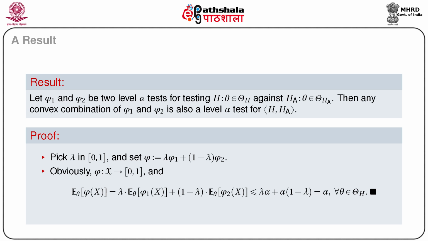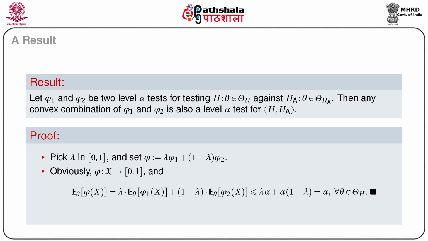Now we are going to discuss a very interesting result on the critical function. Let phi 1 and phi 2 be two level alpha tests for testing H against HA. Then any convex combination of phi 1 and phi 2 is also a level alpha test for testing H against HA.